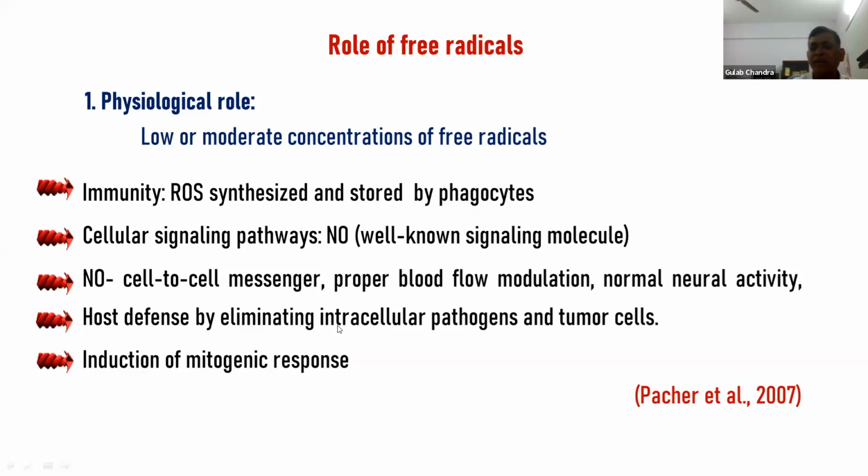Not only pathogens that come from outside, free radicals also help in the elimination of tumor cells. And at normal concentration, free radicals are also involved in the mitosis of the cell.